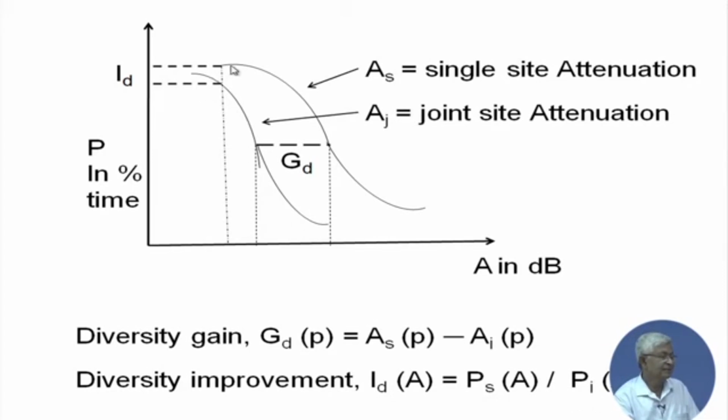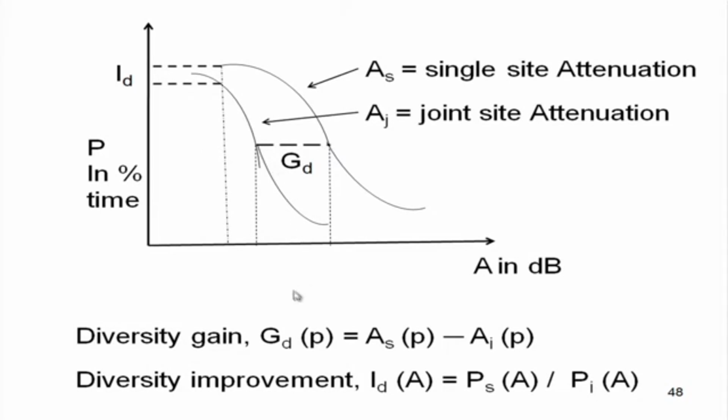This is PS(A) and this is PJ(A). So from the ratio of that, you get an improvement for a particular attenuation in terms of probability in time, how much time you get the link available, whereas here you get the attenuation advantage for a particular probability of time, in terms of diversity gain.